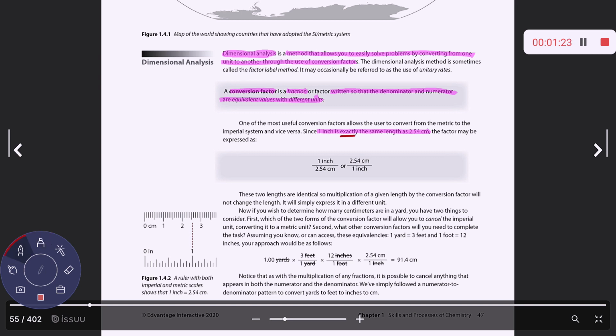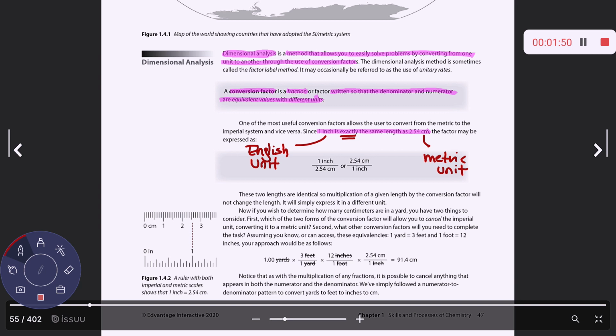Okay, so I'm going to emphasize the word exact here because inches is an English unit, centimeters is a metric unit. And when we're converting from one system of measurement to another, like English to metric and vice versa, these unit equations or conversion factors are not necessarily exact.